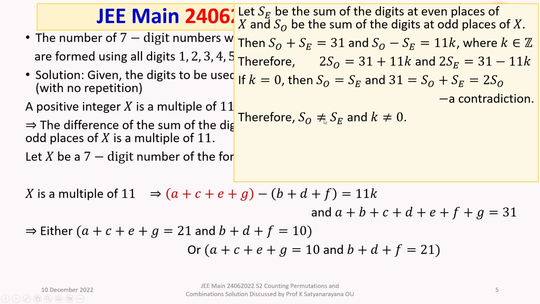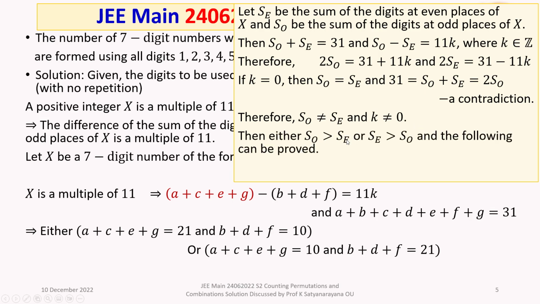When SO is not equal to SE, then we have two possibilities. The first one is either SO is greater than SE or SE is greater than SO. And from these two, the following can be proved. If SO is greater than SE, then k is equal to 1 is the only solution.